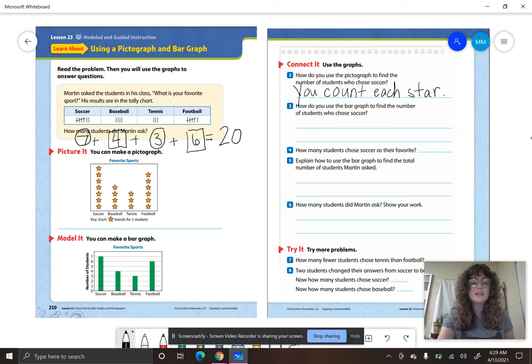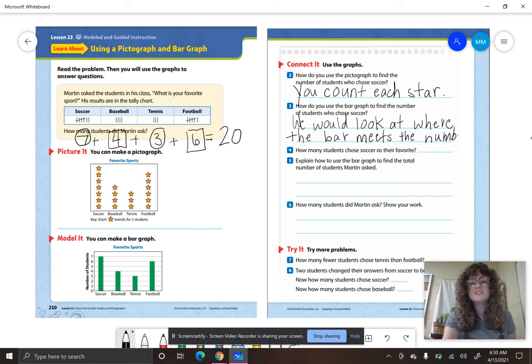We would look at where the bar meets the number on the side, on the scale.